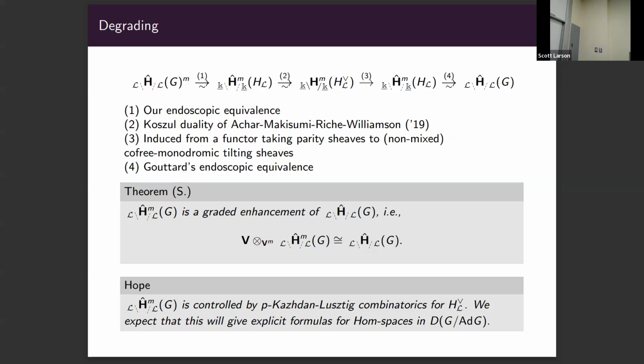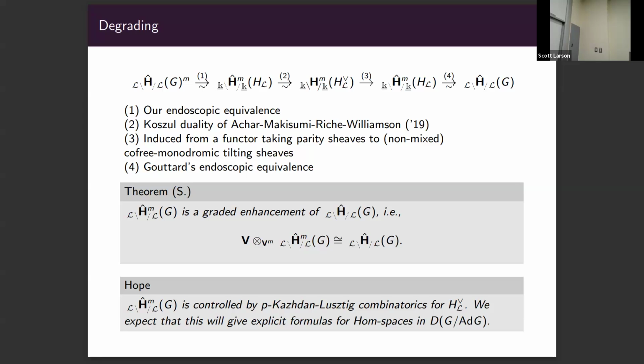Actually, I think there's a typo, where that should not be an M on this last one. Anyway, so we can do our endoscopy, Koszul duality, some formal thing, and then Guittard's endoscopy equivalence.